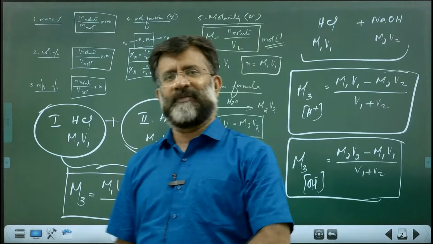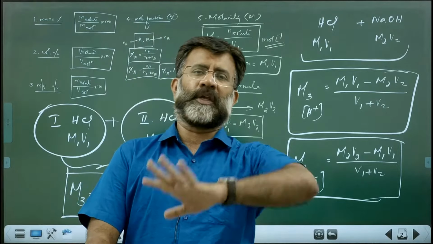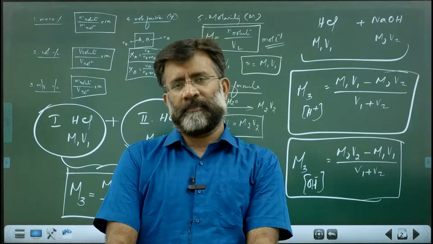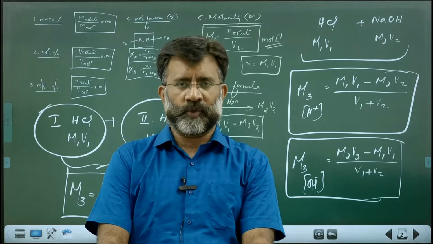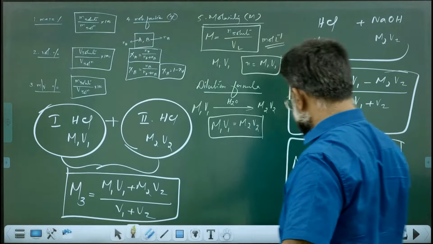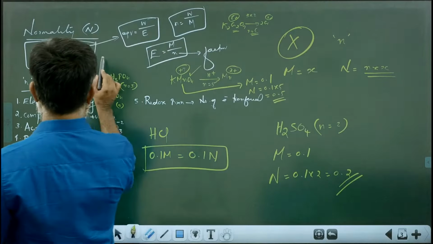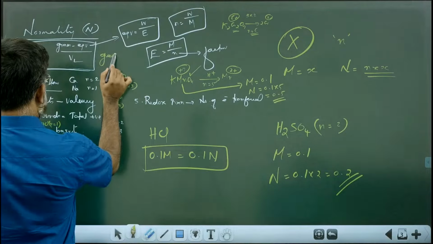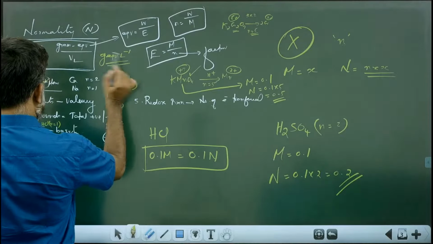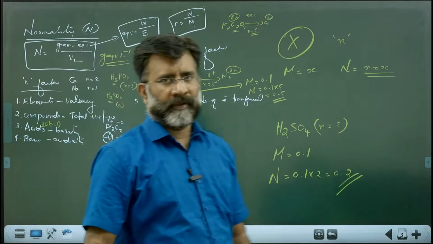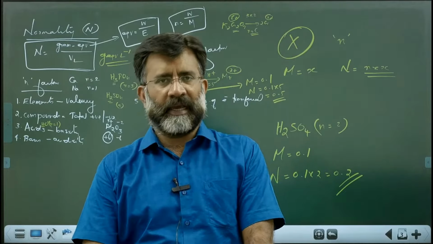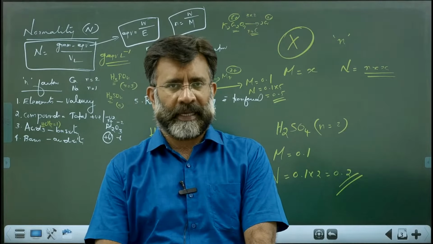N3 equal to (N2V2 minus N1V1) by (V1 plus V2). So the way you are using molarity formula, you can apply normality formula also. What is the unit of normality? It is gram equivalent per liter. That is normality. So understanding normality may be helpful for competitive exams many times.